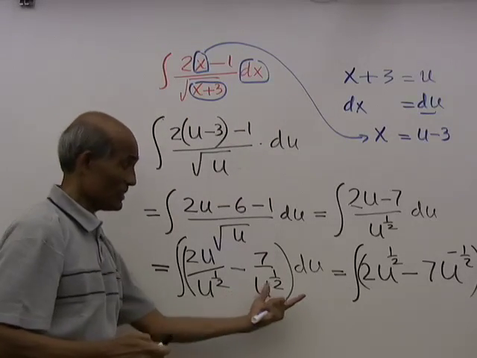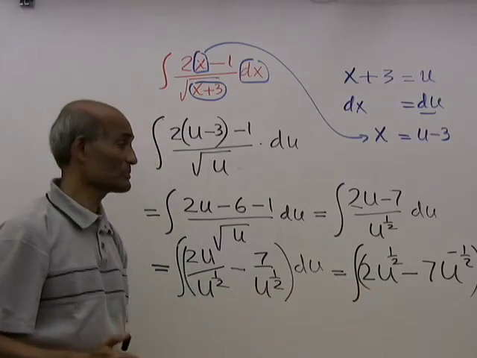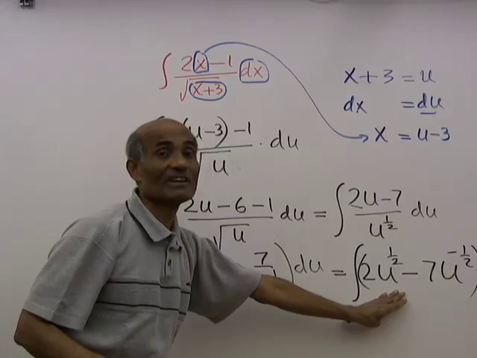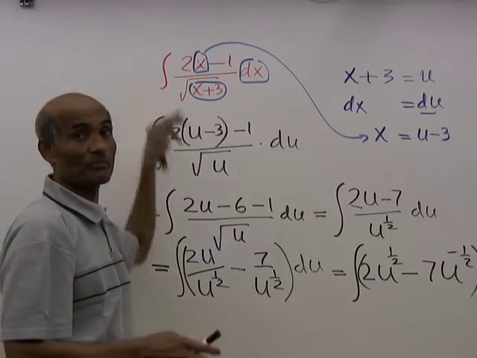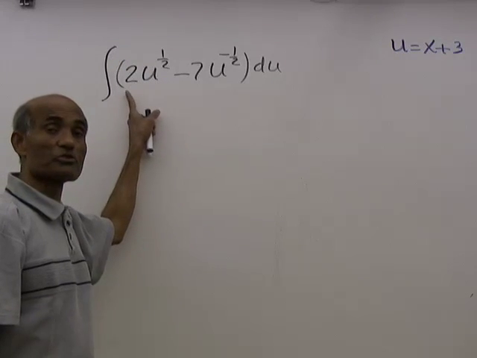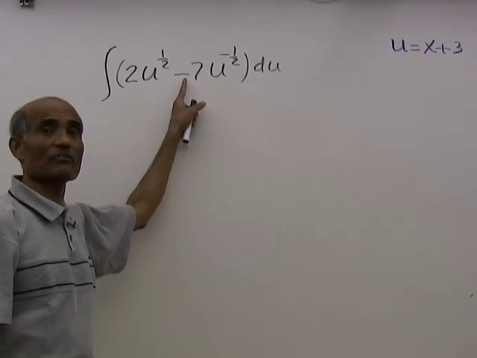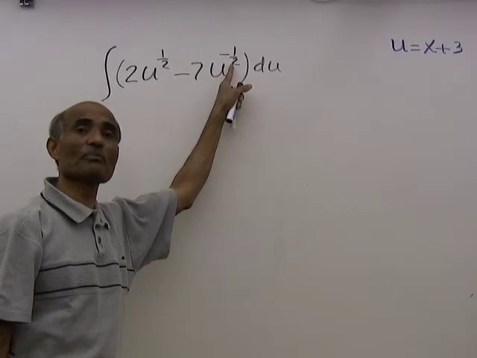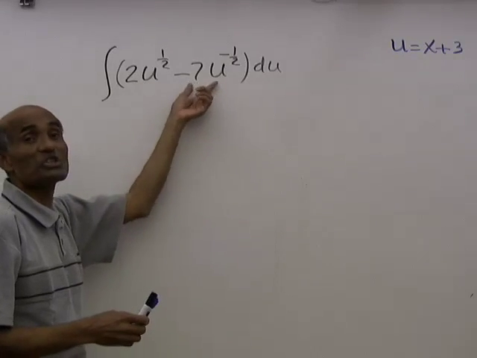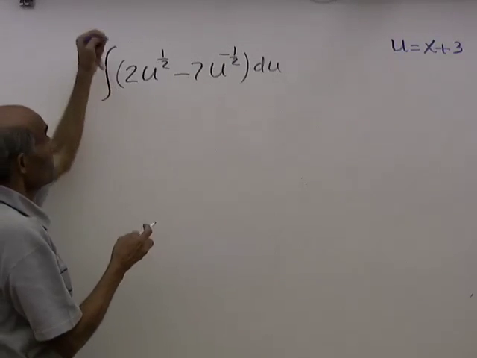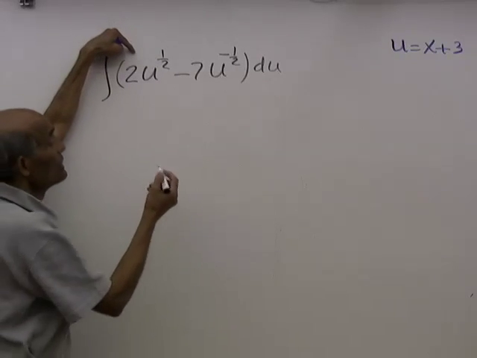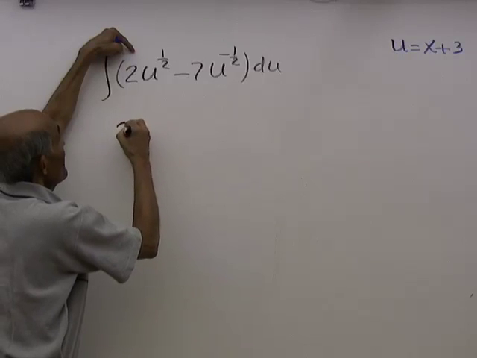Okay, now, once we reach this, it becomes simple. So I'm going to take this and start from the top. Now, this is where we are: the integral of 2u to the power of 1/2 minus 7u to the power of negative 1/2, du. We can now integrate each of these terms. Now tell me, how do you integrate 2u to the power of 1/2? 2 is a constant, so it will remain.